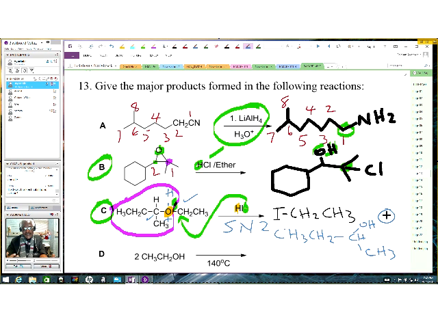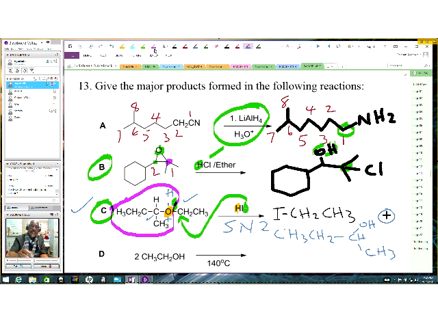Once it becomes a good leaving group, then you could get either an SN2 reaction or an SN1 reaction. In this particular case, we are going to get an SN2 reaction because, keep in mind, an SN2 reaction takes place when you have a good leaving group attached to a primary carbon atom. And that is what we have in this case.